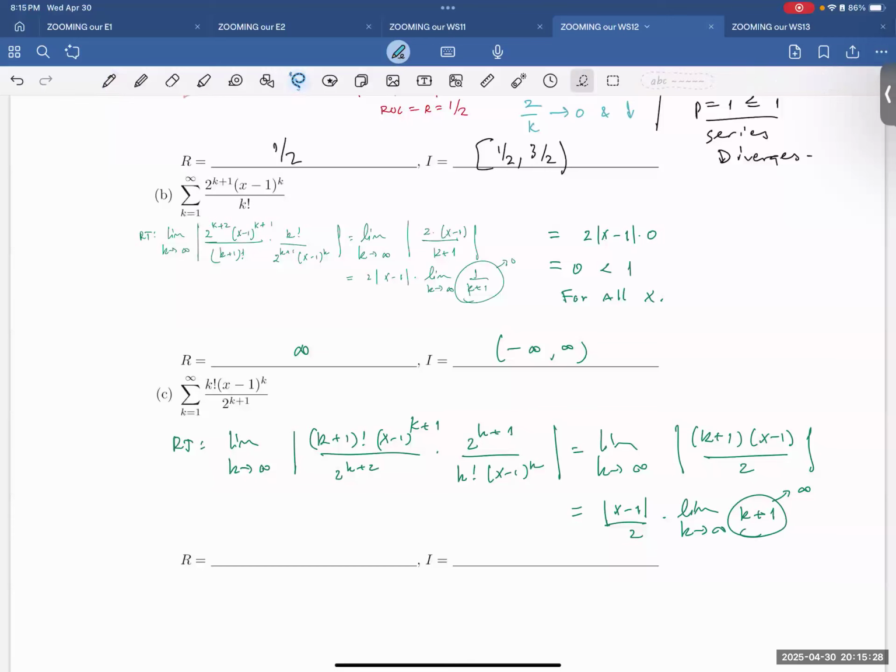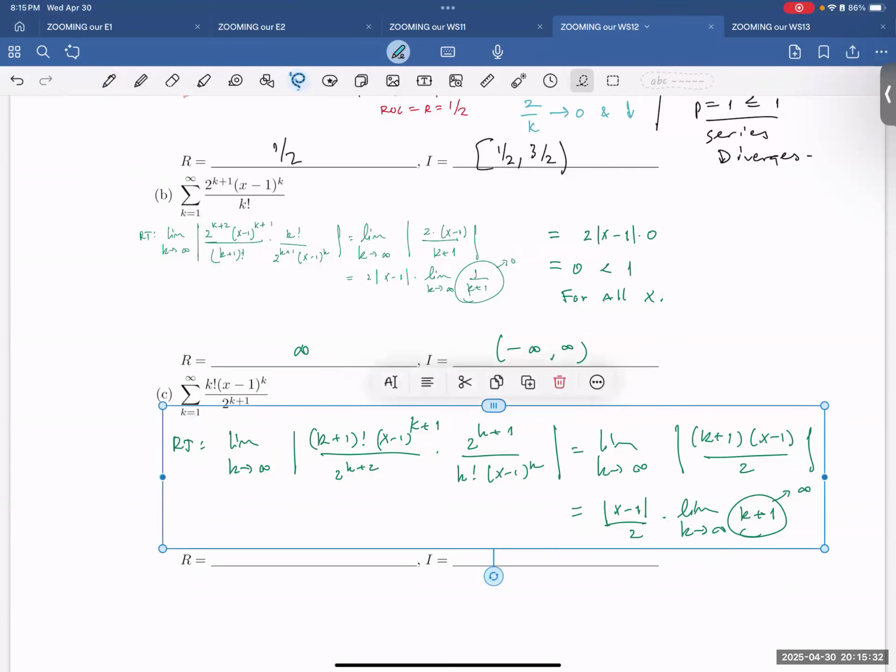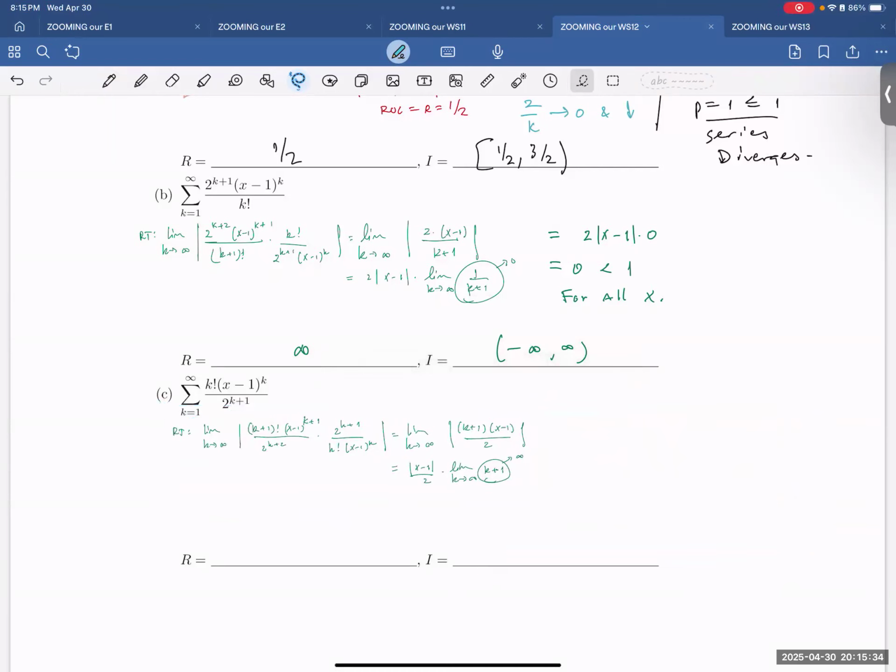Let's make this small again. So then our limit equals absolute x minus 1 over 2 times infinity. This is infinite. And we want to know, is it less than 1?